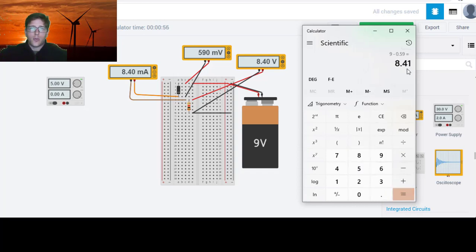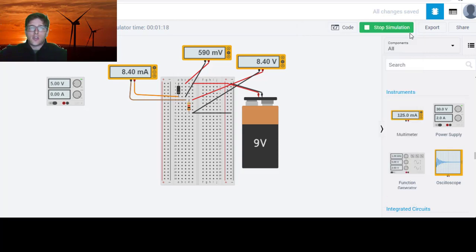We're going to get 8.41, minus 8.4, we're going to get 0.01. So assumingly the 9 volts here is being supplied and then it's being consumed, we're consuming all that power. So that's very accurate. It's fairly darn accurate to what I think we should see in reality.